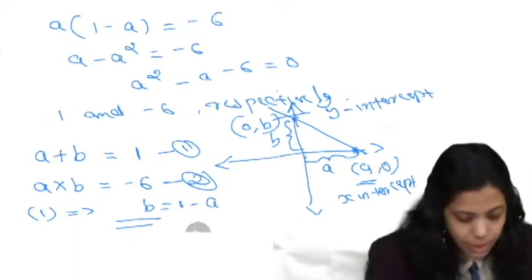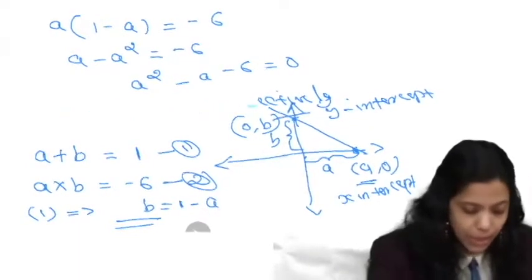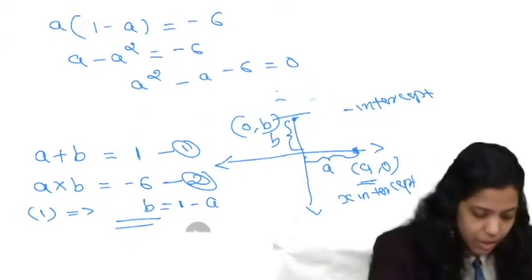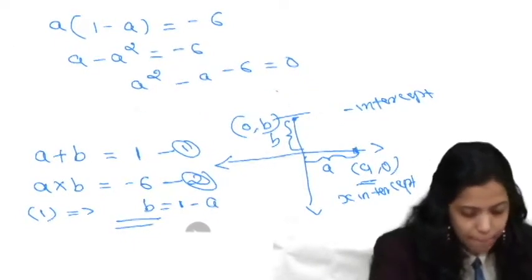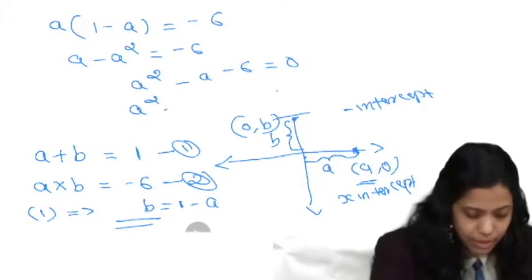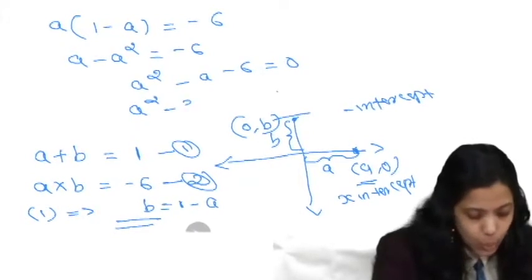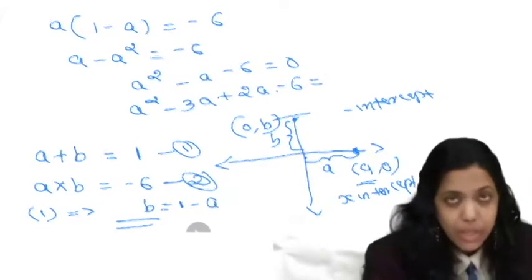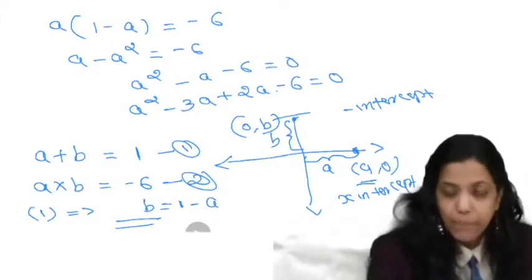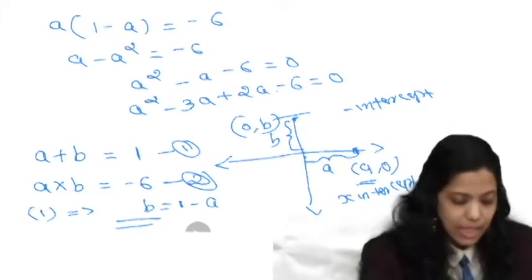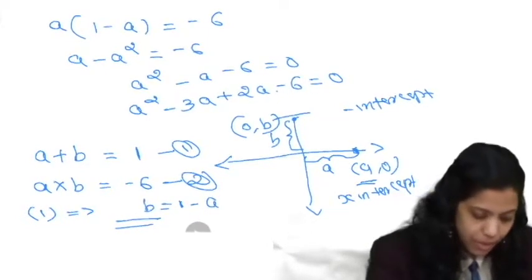Again let's solve this quadratic equation. So a square minus 3a plus 2a minus 6 equal to 0. As minus 3 plus 2, the sum is negative 1, and minus 3 times 2, we are getting negative 6 as the product.